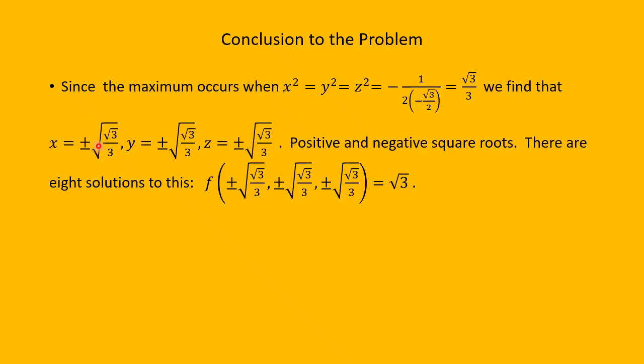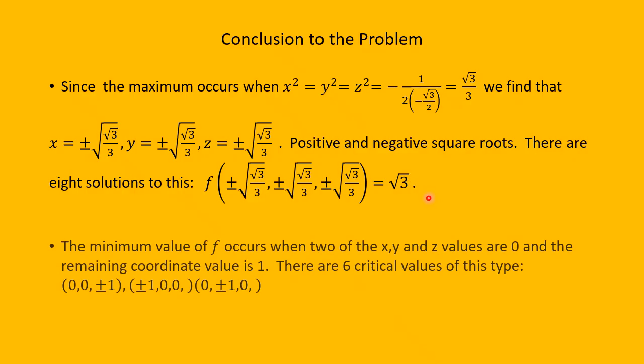You have two choices for x, 2 for y, 2 for z, because we have positive and negative square roots of this being involved. And if you can choose 2 ways for the first coordinate, 2 ways for the second coordinate, 2 ways for the third coordinate, that's going to give us 2 times 2 times 2, which is 8 solutions. So there are 8 points where f has a maximum of the square root of 3.